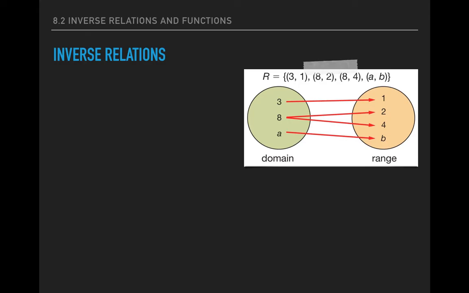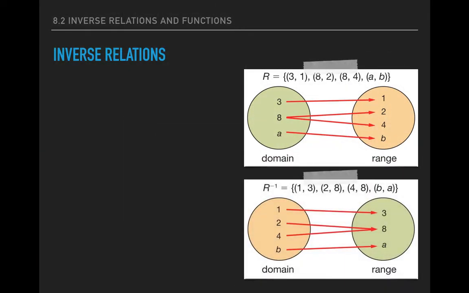If we were to look at the inverse of R, what happens is those ordered pairs, every one of them gets flipped. And you'll see in those circles, the mapping, the range becomes the domain. That orange circle is now the domain, and the green circle is now the range.